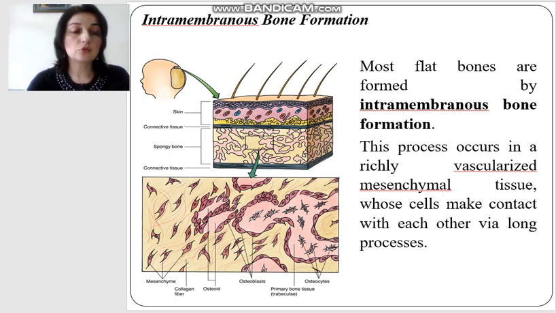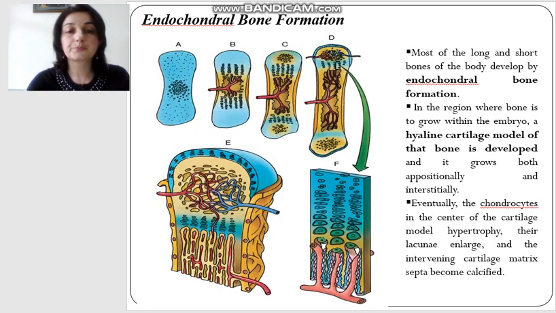And finally, development of the long bones. For the long bones, first of all, we develop the cartilage template, which is composed of hyaline cartilage. Then it will be followed by the formation of the primary ossification centers. Here in the diaphysis region of this template the bony collar will be formed, that is the primary ossification center.